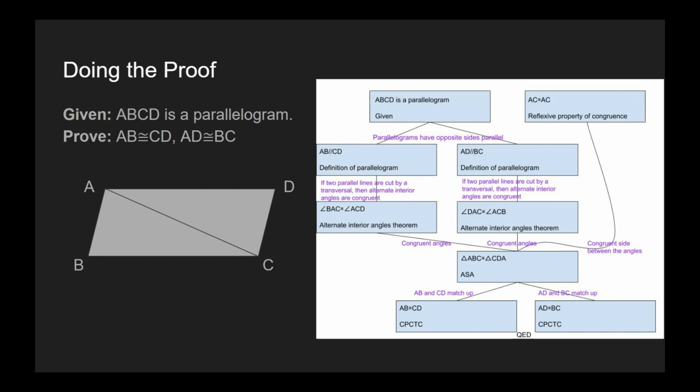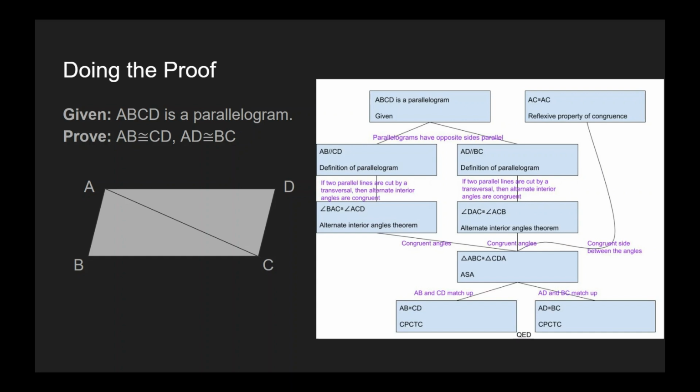And then AD and BC are the longer but not longest sides in those triangles. And that's also the second and third letters in each of the names we've given here. So we can say that AD is congruent to BC because corresponding parts of congruent triangles are congruent.